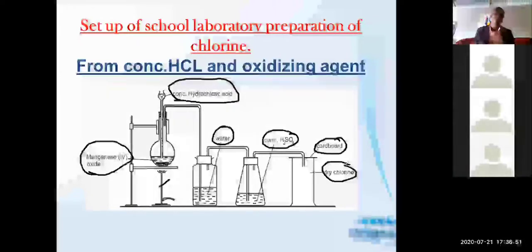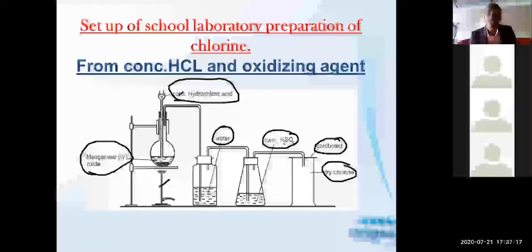I want to explain this diagram very keenly. Where you think you can write something, just write, because now we want to discuss all the possible questions that can be asked from this. One, you can be given this setup, then they write here liquid X. If they ask you liquid X and you write hydrochloric acid, you will be marked wrong.